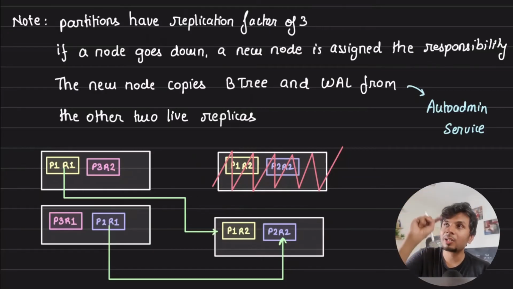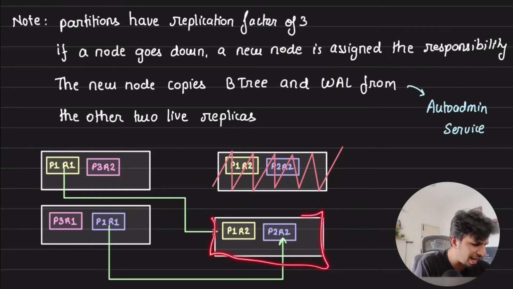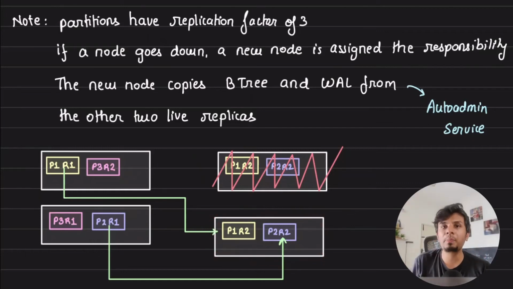Remember log replicas? Log replicas were storage nodes without the customer data, holding only the write ahead log file. So it immediately adds the log replicas of those corresponding partitions.